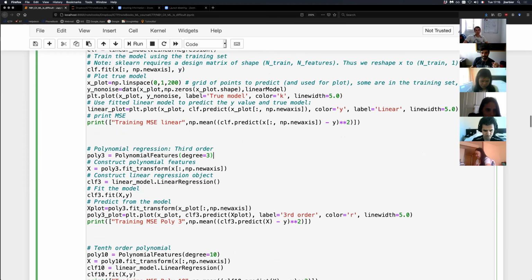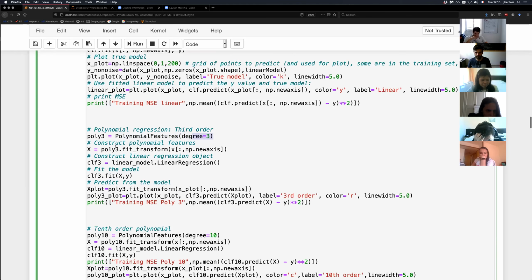And the first line here is just doing what? It's creating a matrix of features where the first column is constant, the second one is just x, the various samples of x to the power 1, the second column is the various samples of x to the power 2, up to the power 3, degree equal to 3.